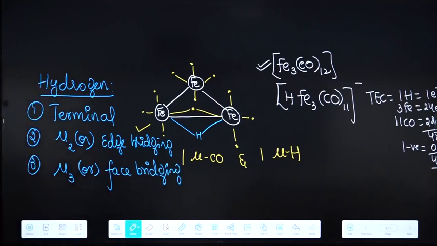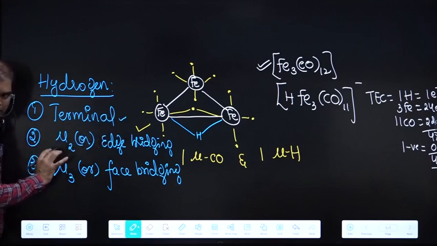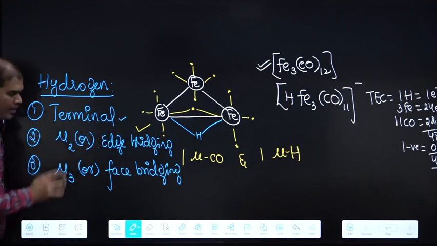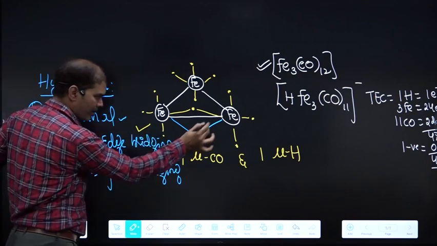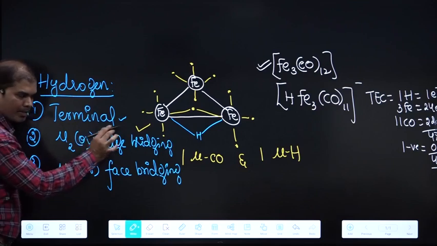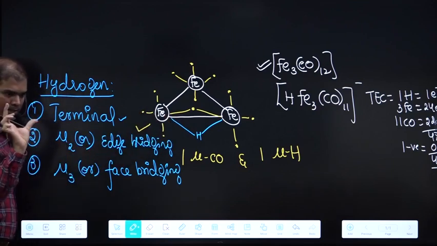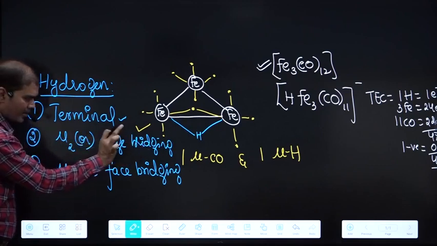So here remember a point, whenever you have hydrogen, that hydrogen could be a terminal, or it could be a doubly bridging, or it could be a triply bridging bonding mode. So in this case you can find that the hydrogen is doubly bridging one. So you can also call it as edge bridging, because between the two irons there is an edge. That edge is being bridged by a hydrogen. We call it as edge bridged hydrogen.